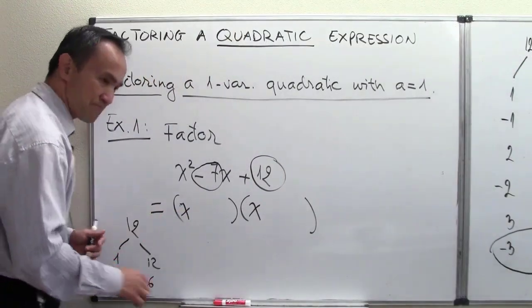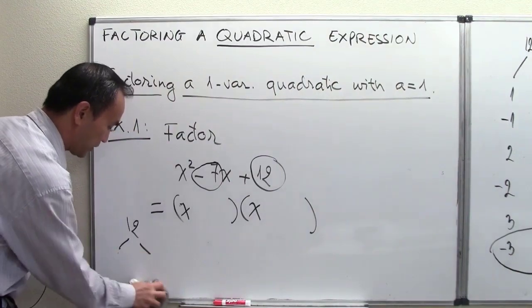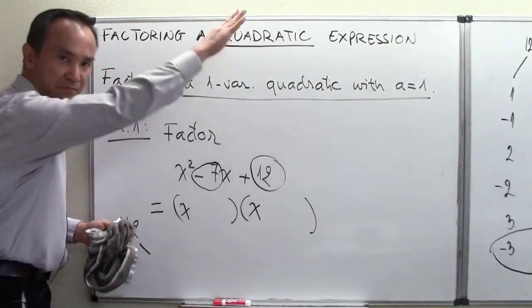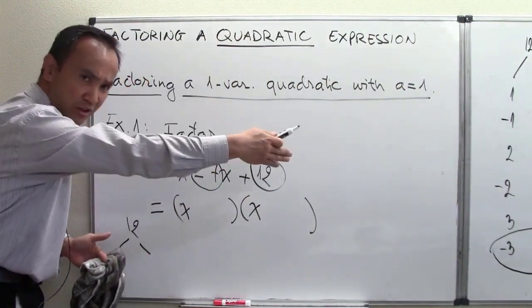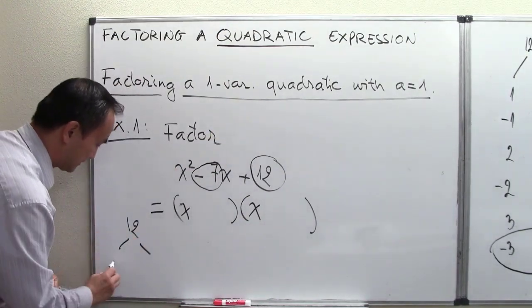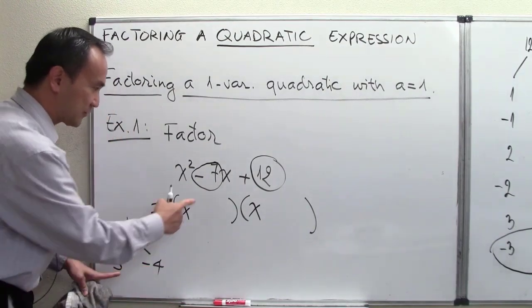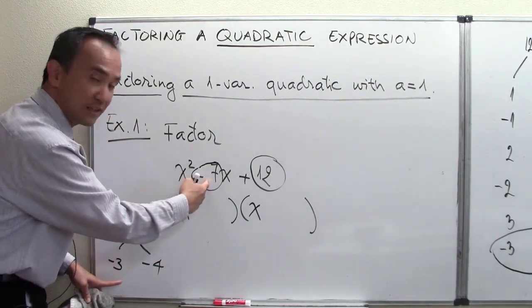So now, instead of writing down all of those lists, you can do that on scratch work, but formally speaking, the two factors are minus 3 and minus 4 that satisfy the requirement of adding up to minus 7.